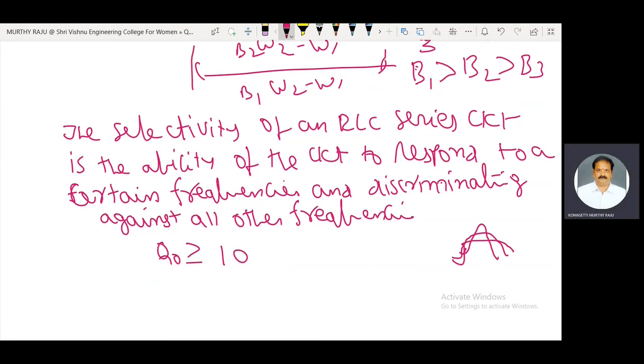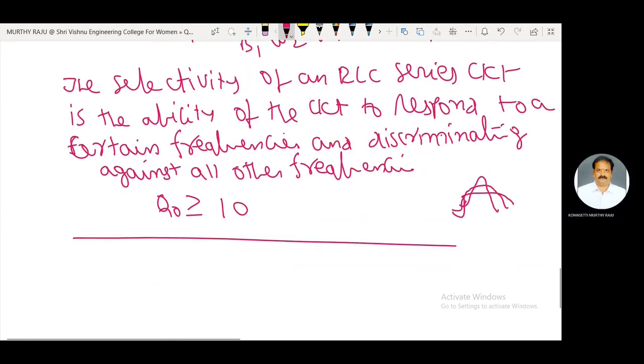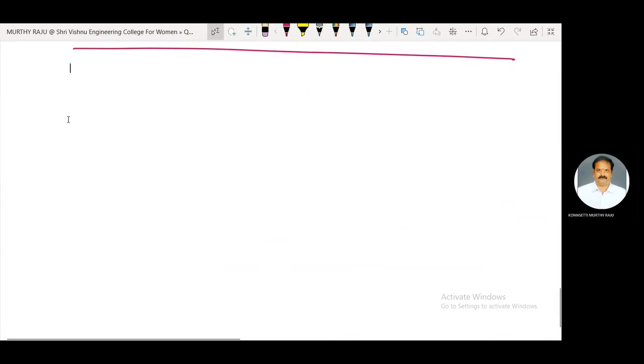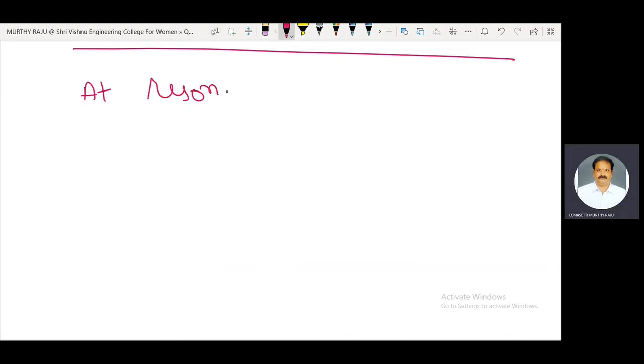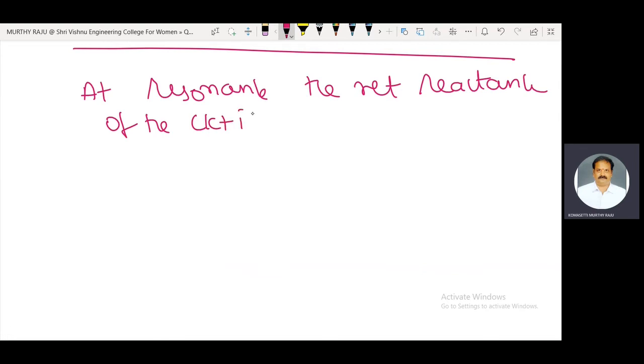One more important derivation, in part A. At resonance, the net reactance of the circuit is resistive.